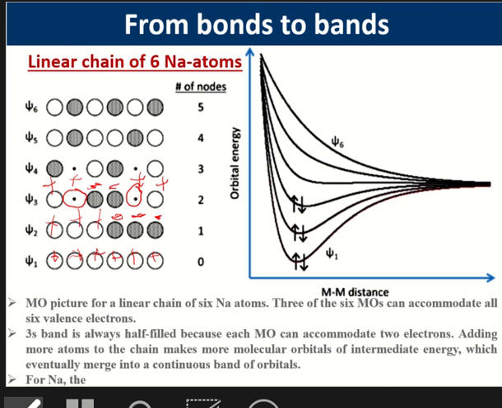So like that you can consider each of them, and you can get 6 molecular orbitals, gradually increasing in number of nodes. Number of nodes जैसे जैसे बढ़ता जाएगा वैसे वैसे एनर्जी बढ़ती जाएगी. एनर्जी क्यों?